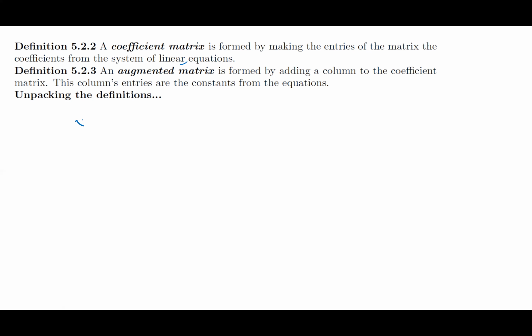Let's take this set of equations that we started with and already solved. And let's see, 3x minus 2y plus z, and 5x plus 2y minus 3z equals 17.